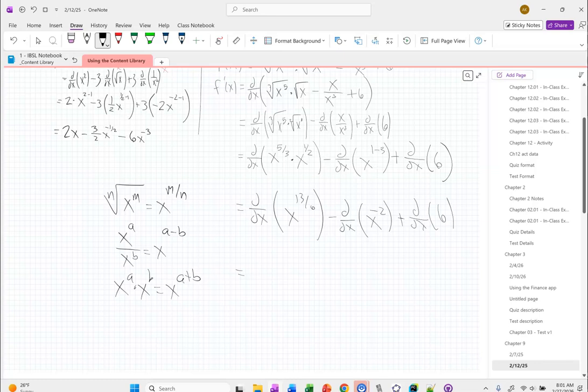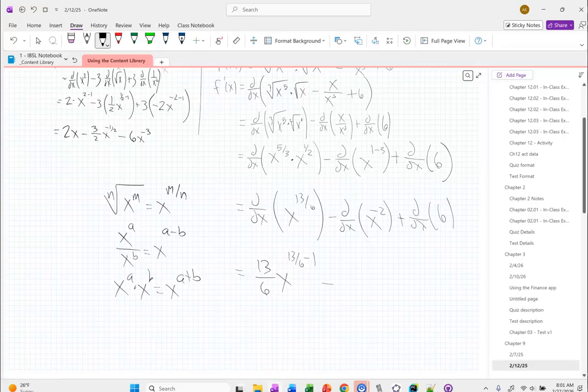The coefficient should be the same as the exponent. And then we subtract 1 from the exponent. Okay. I'll simplify that a little bit further, deal with the fractions.